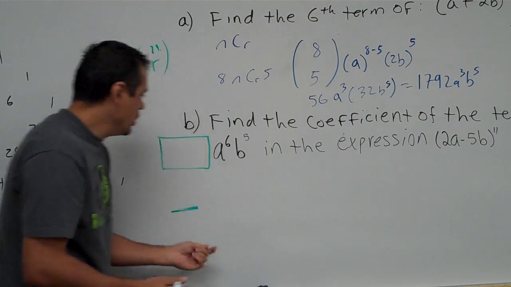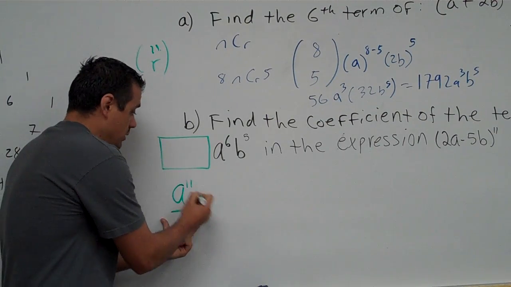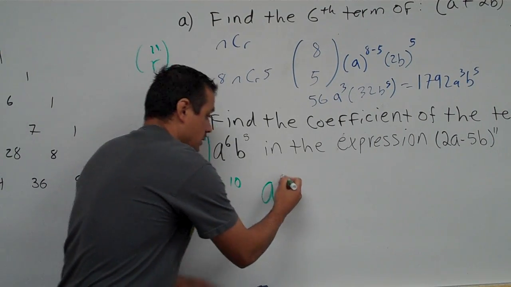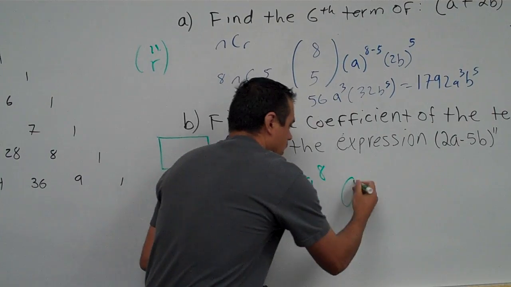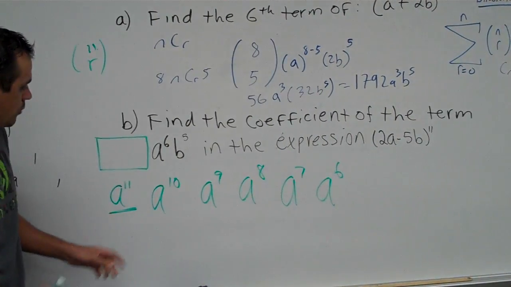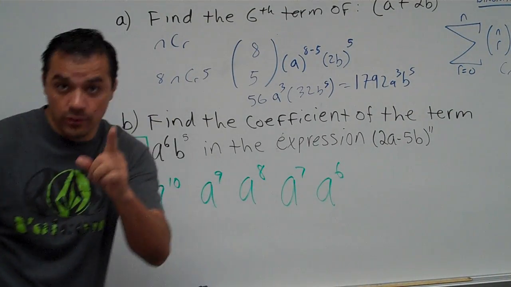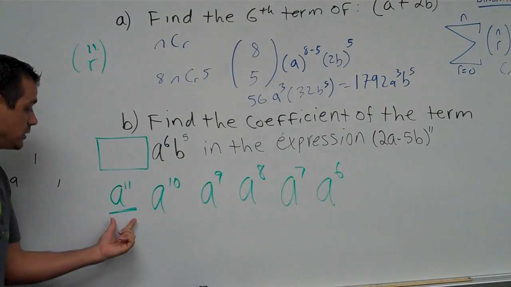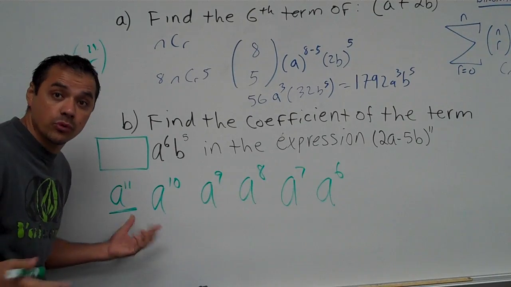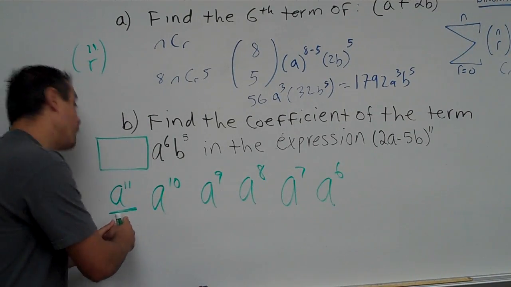So this is a to the 11, a to the 10, a to the 9, a to the 8, a to the 7, a to the 6. Now, we have 1, 2, 3, 4, 5, 6 terms. However, remember, do we actually call this our first term? No, we always start with what? The magic donut, right? The 0. So this is actually not our first term.